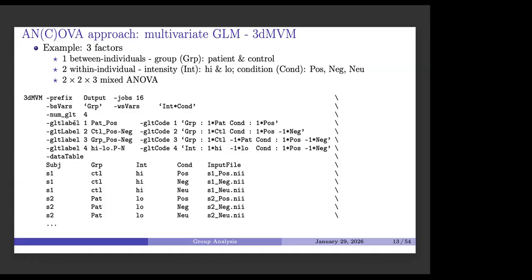So then after the first one, there are 2 options. We need to specify each contrast or each effect estimation. For the first one, we use the label, then we use the coding, right? So the label tells us we want a patient. For the patient group, we want to look at the positive emotion effect.